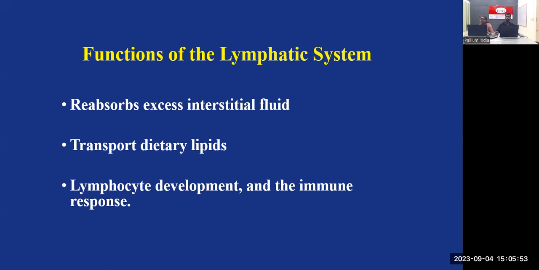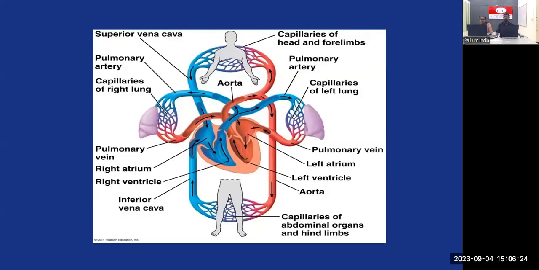If there is any problem in one area, like the axilla or maybe the groin, where a major lymph node is affected, that part will have no lymph node to fight against bacteria. So that area is prone to developing infection. These are the major functions of the lymphatic system.